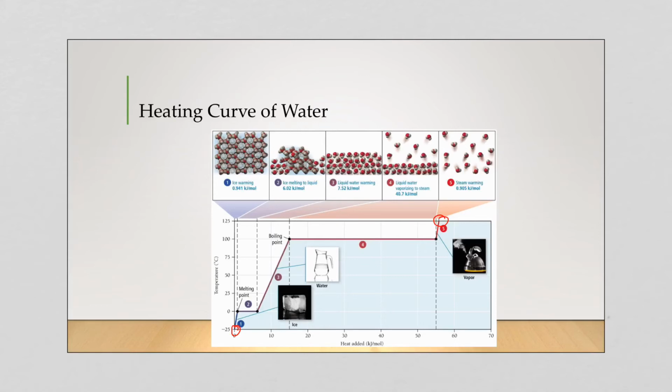We have to break this down into steps, because remember, the diagonal segments of the line are going to be calculated using our normal heat equation, whereas points 2 and 4 are going to utilize our delta H's, whether it's our enthalpy of fusion to do the melting or enthalpy of vaporization to do the boiling.